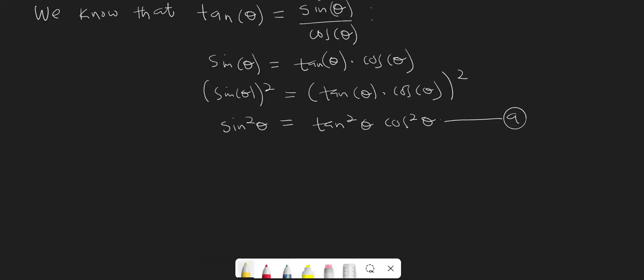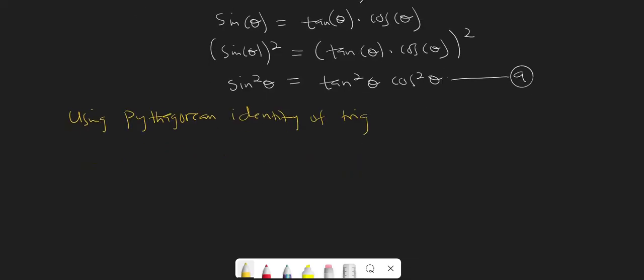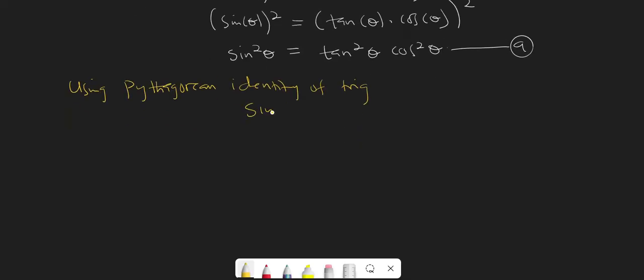Now we can use the Pythagorean identity. So using the Pythagorean identity of trig, we know that sine squared theta plus cosine squared theta is equals to 1. So cosine squared theta is equals to 1 minus sine squared theta.